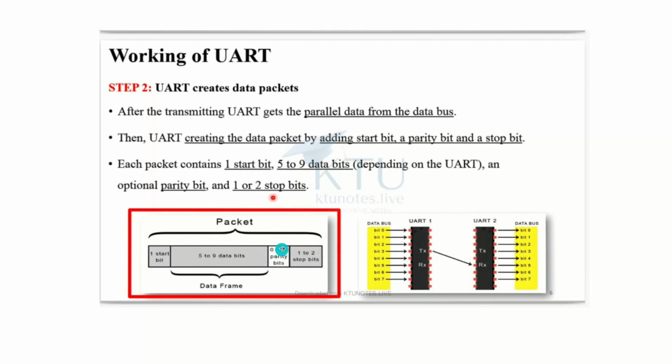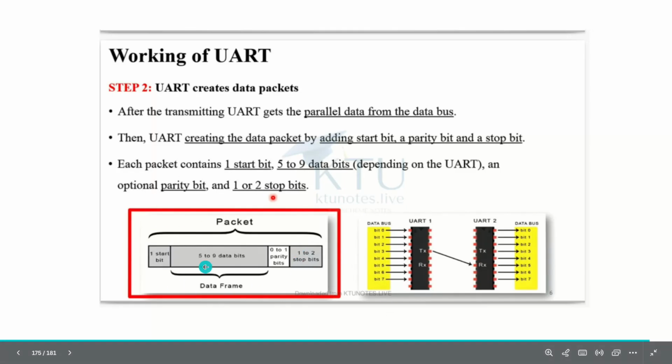Parity bits are optional, either no parity bit or 1 parity bit would be there. That's why. And 1 to 2 stop bits would also be there. This is the packet.